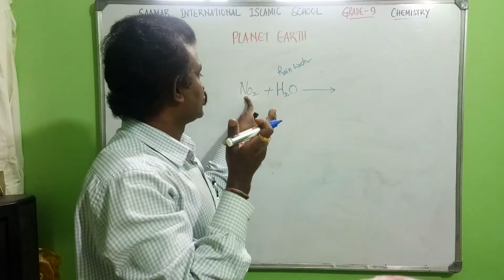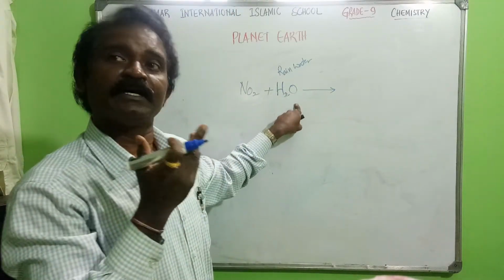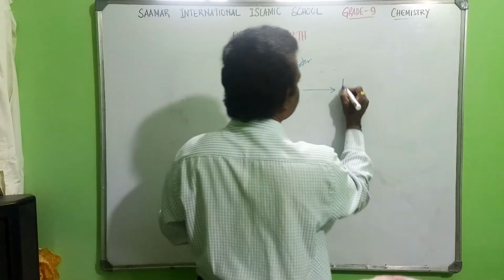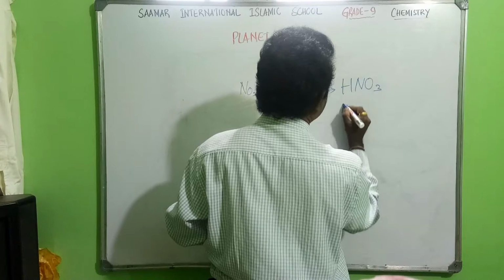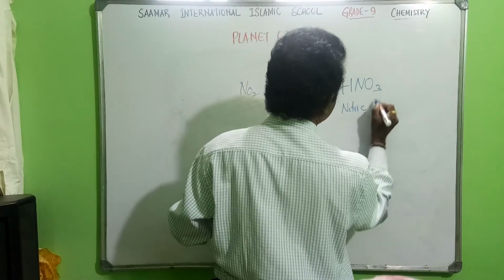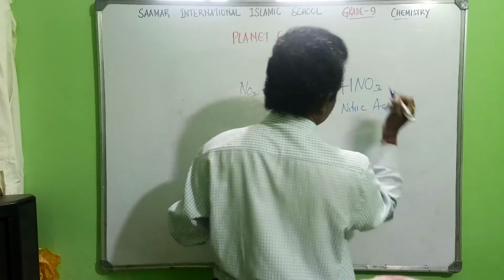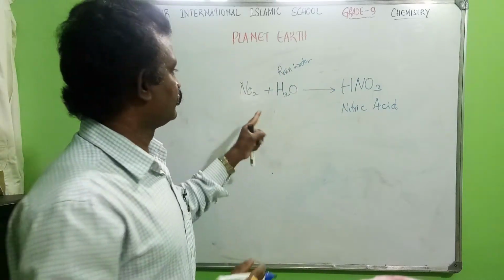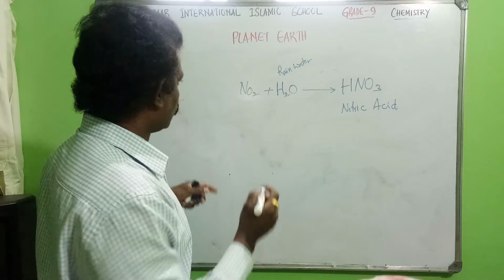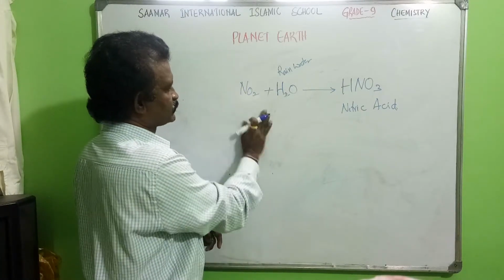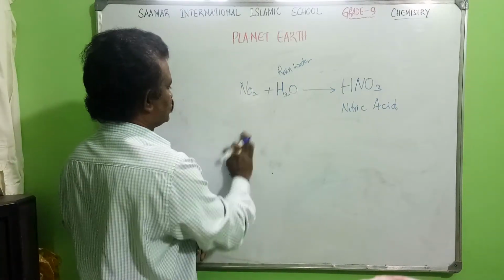There, this nitrogen oxide reacts with the rainwater and forms nitric acid, HNO3. Nitric acid. Is it clear? See, acid is formed. From where? From our pollutants. Correct? Now, who is the cause for this? We are the cause for this.